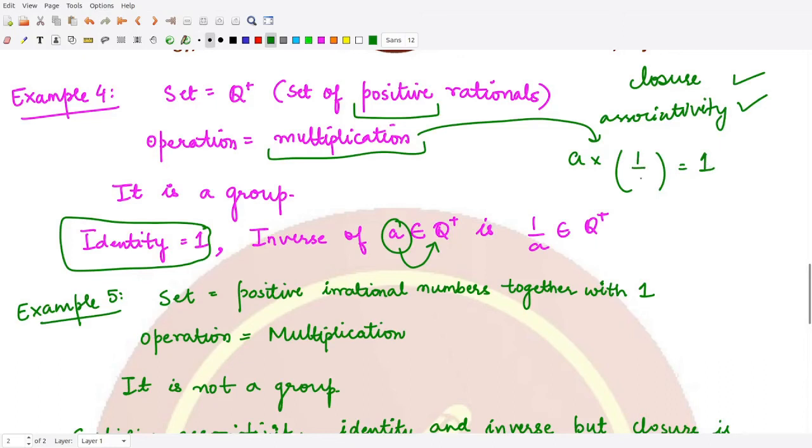So you will multiply by 1 by A, and 1 by A is also again a positive rational number, so this would surely be present in Q positive. So the inverse exists for each element which is a member of this Q positive set. Therefore it forms a group.